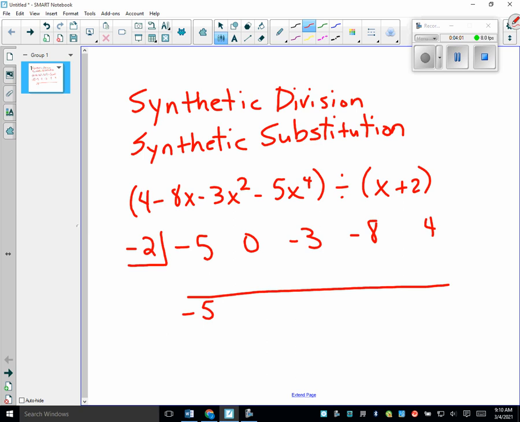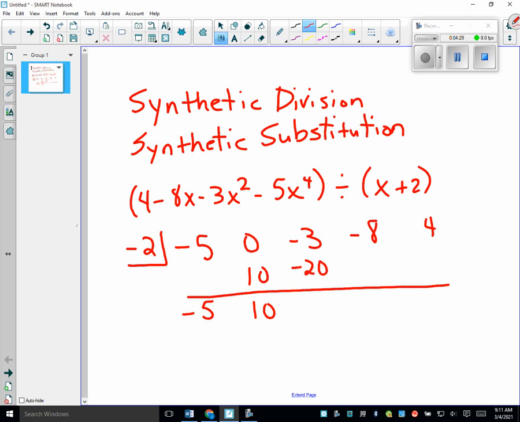Now, for the rest of the problem, I'm going to multiply and add. I multiply these two together. What do I get? 10 goes here. And I add. Multiply these two together. What do I get? Goes right here.